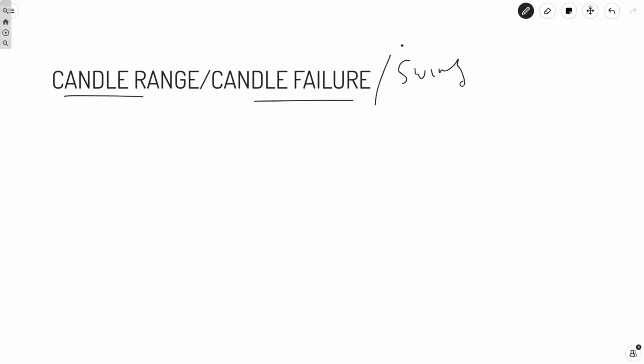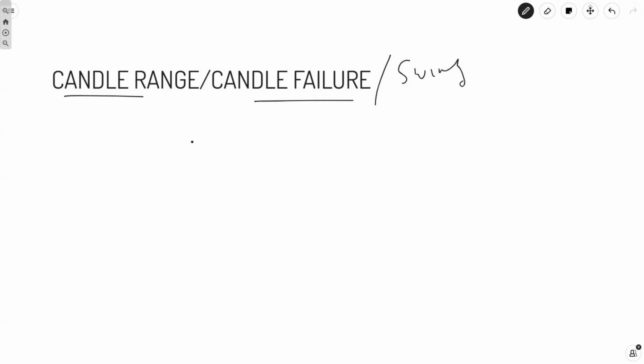I'll be basically on candles, and not the swings, because for the swings you tend to use the structures. But for the candle, we're only dealing with one or two candles. So swing failure and candle failure are the same thing but different. The swing is structure, while candle failure is basically only from candles.